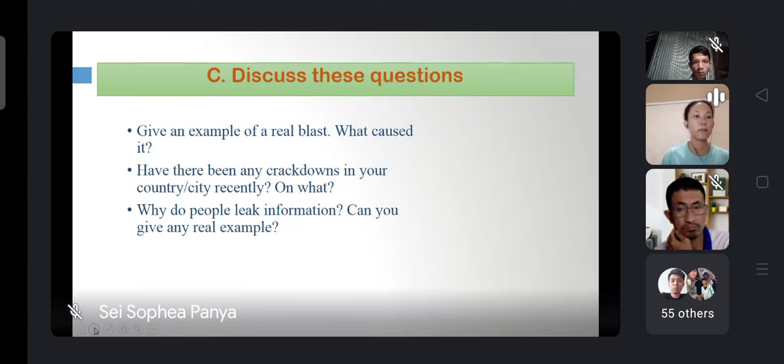And for question number 3, why do people leak information? Can you give any real example? For this, I think people leak information because everyone should be involved in this information, like the arrest of 3 environmentalists in this generation. So we should know about the condition of our society. And this is all of my points. Let's move to another point. Sister Reynolds.